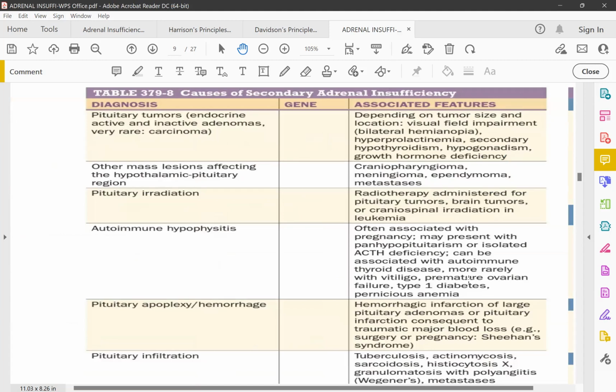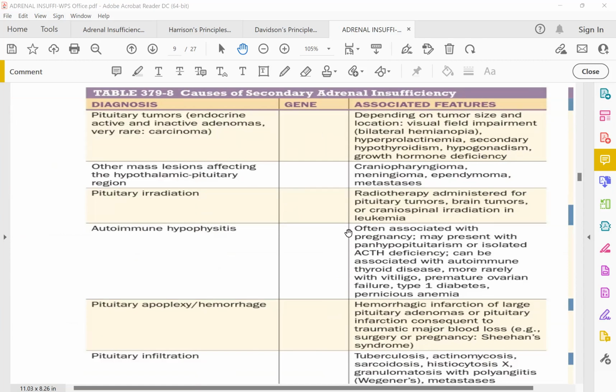The next is the causes of secondary adrenal insufficiency. In secondary adrenal insufficiency, the most common cause is pituitary tumors or pituitary adenoma. Also any lesions affecting the hypothalamic pituitary regions like craniopharyngioma, metastasis, and meningioma. Any pituitary irradiation or whole brain irradiation leads to secondary adrenal insufficiency.